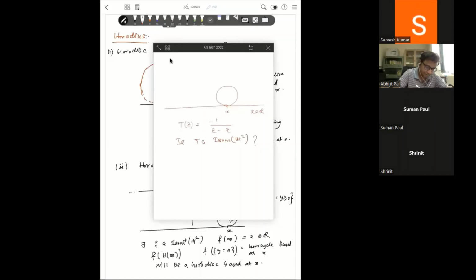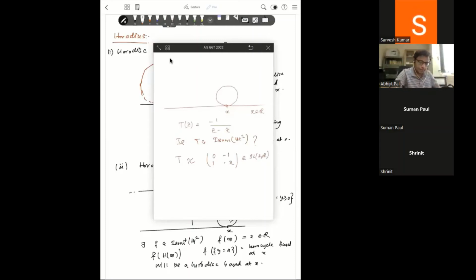Yes. So what matrix do you get here? 0, 1, -1, -x, right? This belongs to SL2(R), so T corresponds to this matrix, and T is an isometry of this upper half plane.